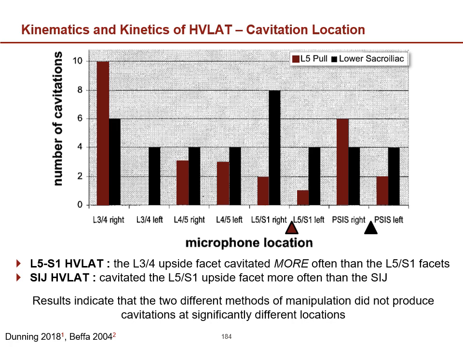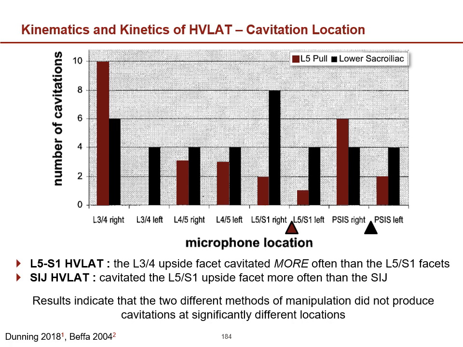I implanted the small triangles there so you can see the level at which the thrust was applied, the target segment, and then you can see, relative to the same color coding of the histogram, where the majority of the cavitations occurred.